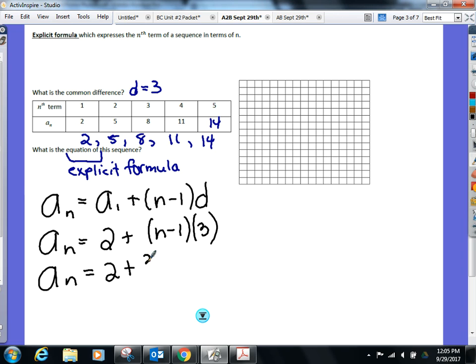Distribute the 3, I end up with 3n minus 3. Combine like terms for me. Tell me what the explicit formula, the equation of this sequence, will be. 3n minus 1.